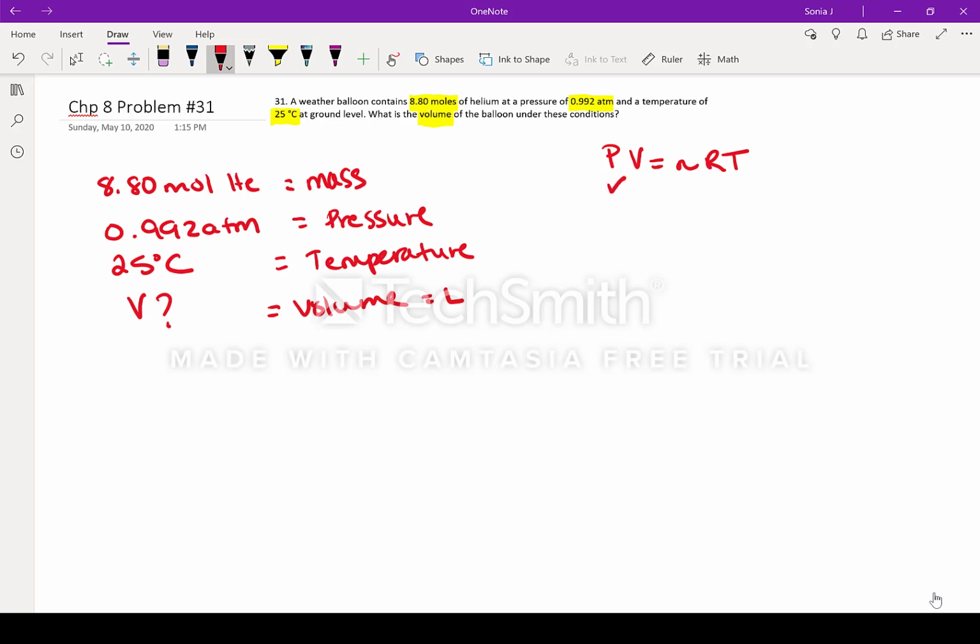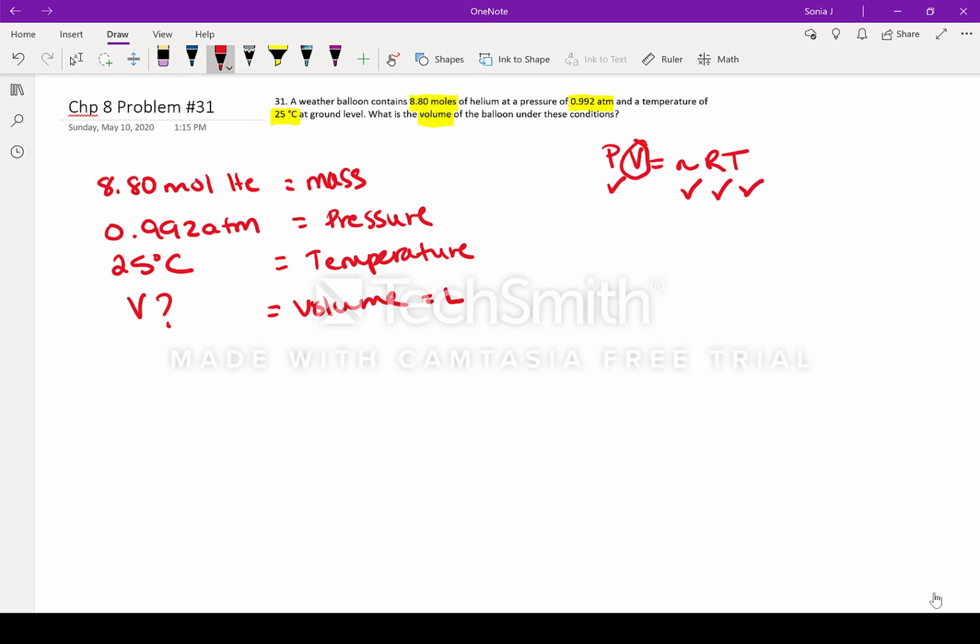We've got our moles, that one's done. And then we've got our temperature, that one's done. And we know R is a constant, so that one's done. And the only thing that we're looking for once we check everything off is the volume, and that's exactly what the question wants us to solve for. So this formula would be ideal for this kind of problem.